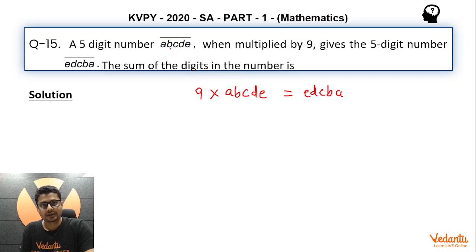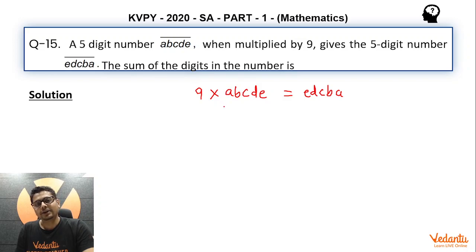And A is not 0. A, B, C, D, E are some whole numbers where again A is not 0, because this is supposed to be a 5-digit number. Similarly, EDCBA is also a 5-digit number, where A is the unit place digit, B is the tens place digit, C is the 100 place digit, and so on.